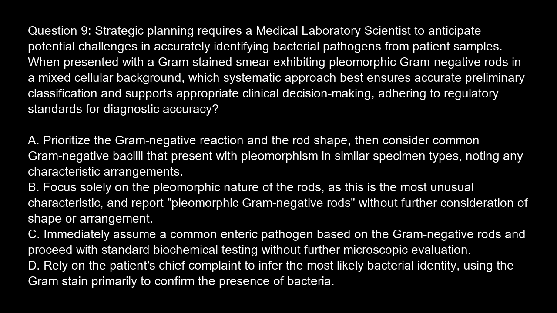Option C. Immediately assume a common enteric pathogen based on the gram-negative rods and proceed with standard biochemical testing without further microscopic evaluation. Option D. Rely on the patient's chief complaint to infer the most likely bacterial identity, using the gram stain primarily to confirm the presence of bacteria.